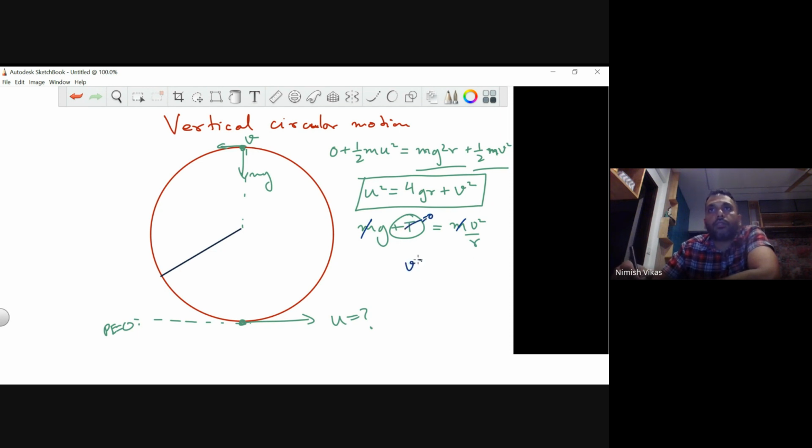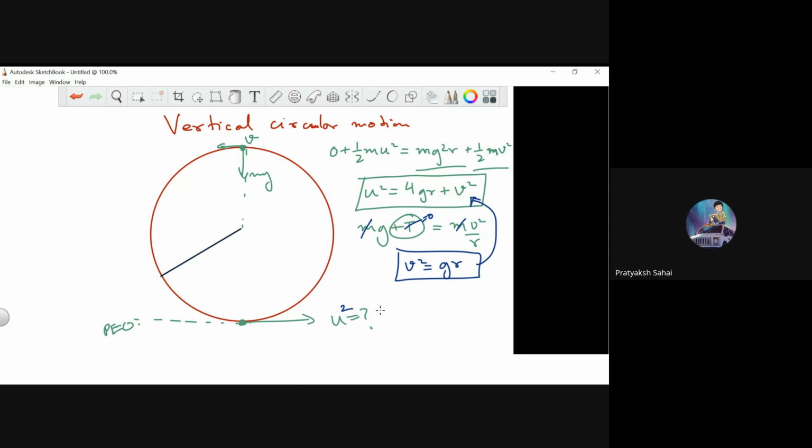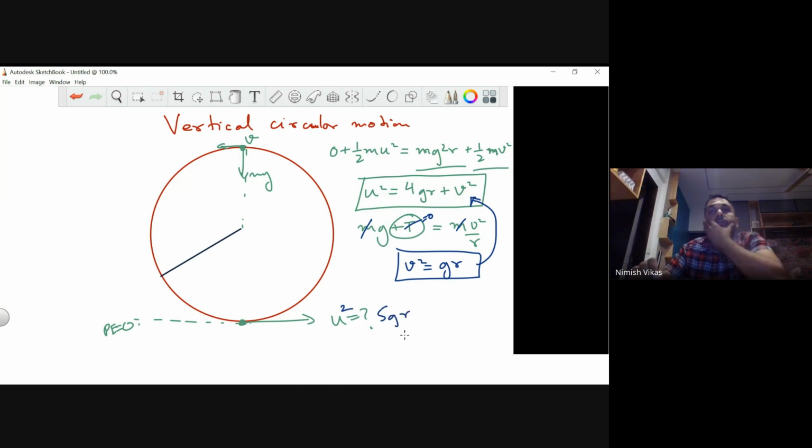So we get v square must be equal to gr minimum, so that it completes the circle on top, right? If you put that v square value over here, then u square must be equal to how much? 5gr should be your u square value. This is very, very common, what the velocity should be right at the bottom. They can do any variations of the question.